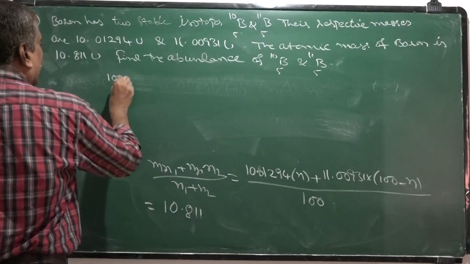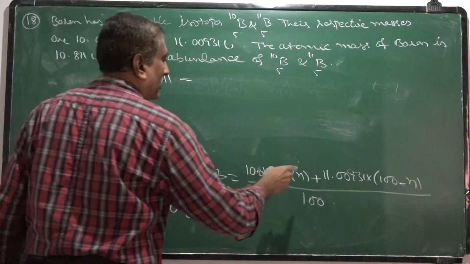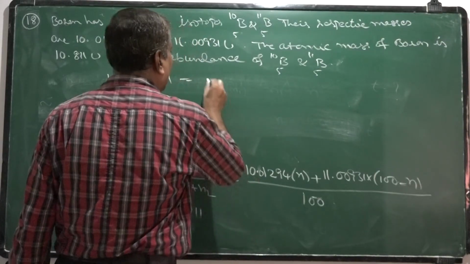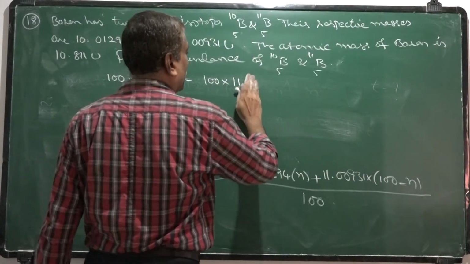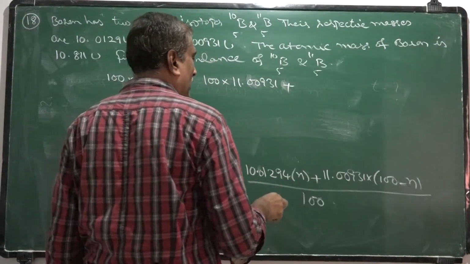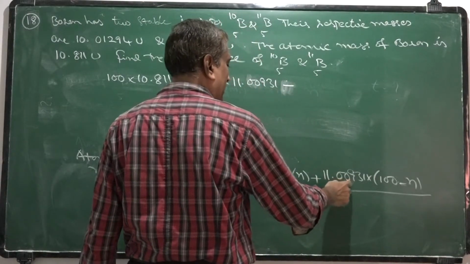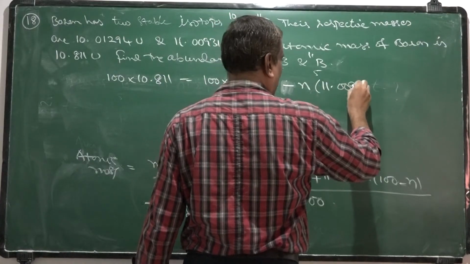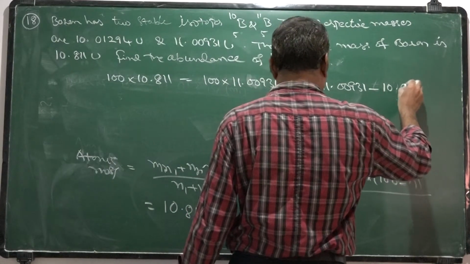that is 100 into 10.811 is equal to 100 into 11.00931 plus, and this one, that means we get minus sign, but it is larger one, minus N into (11.00931 minus 10.01294).